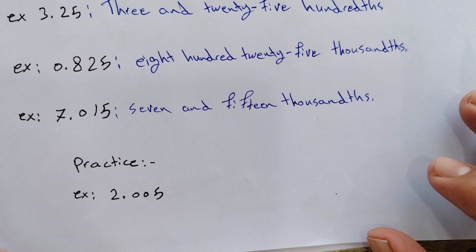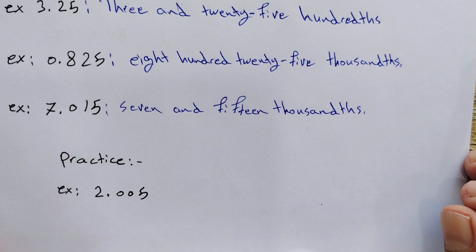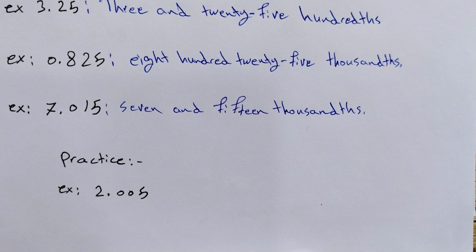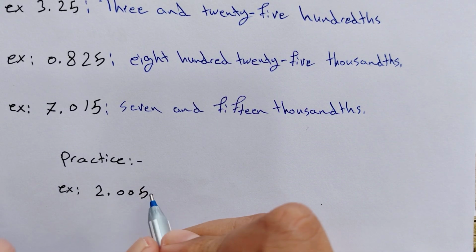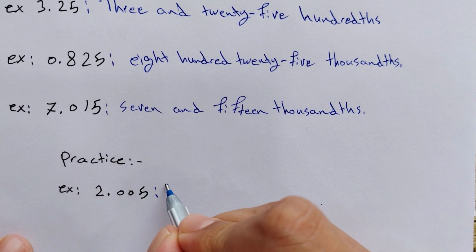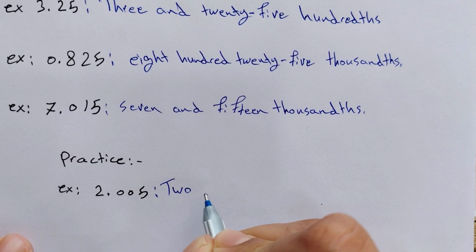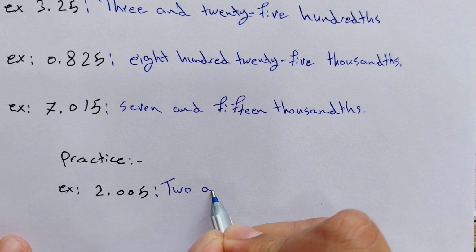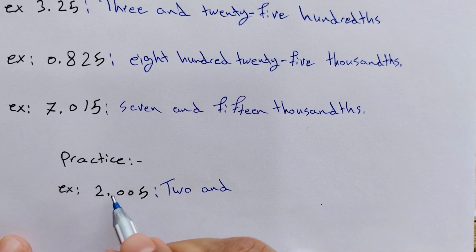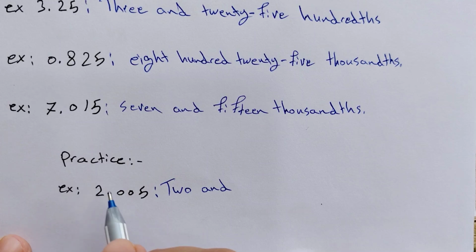I want you to practice that one yourself. Try to pause the video and practice that one. I'm gonna solve it in 3, 2, 1. Okay, our whole number is 2. The decimal point will be and. What number do I have after the decimal point?